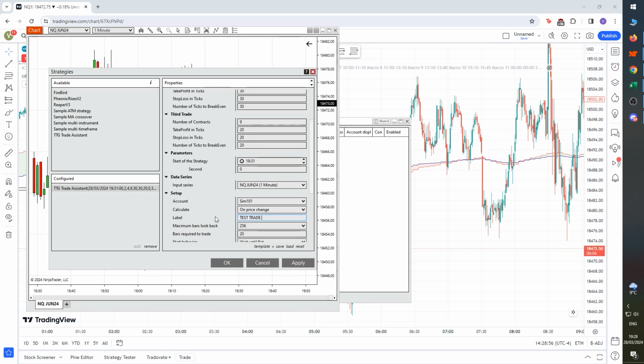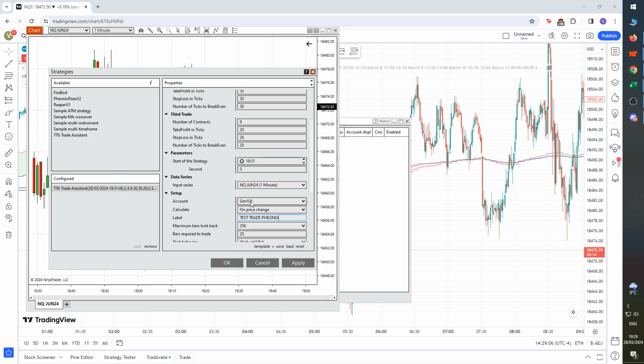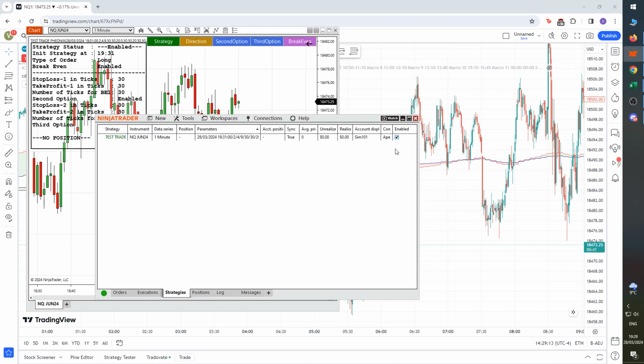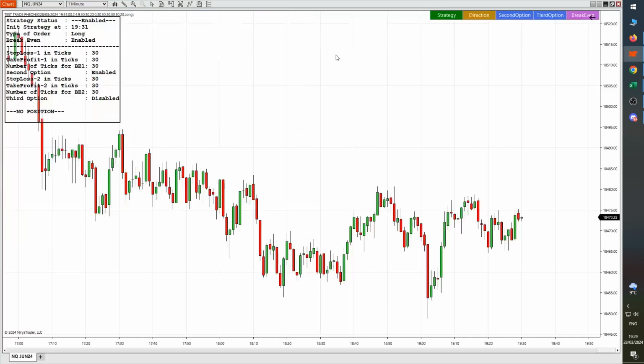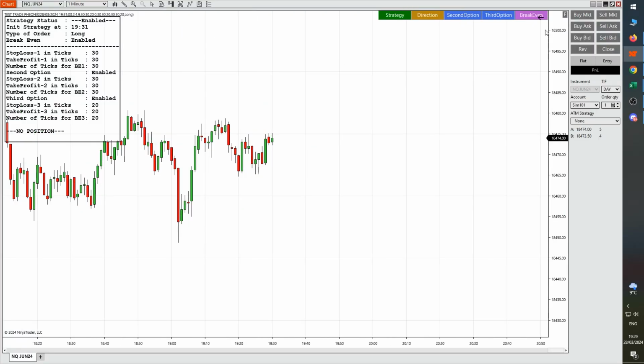Test trade, Phoenix. I think that should be it. 4-9, good. Supply it. Turn it on, and enable the third option, right? I think that's it. And turn this on.